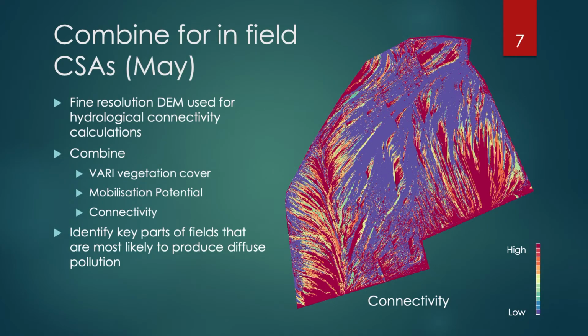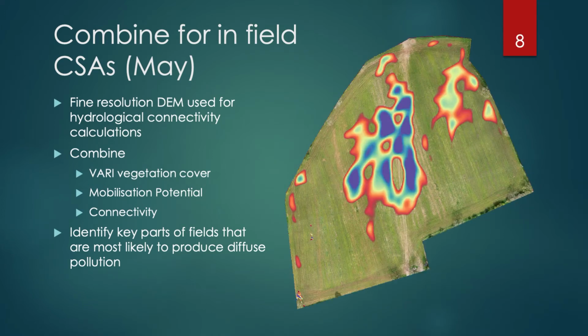Now, as I mentioned, this approach also drops out detailed topographic data, and we can use that information to calculate indices of connectivity across the field. So here, the areas that are in blue in this image have high connectivity, the areas in red have low connectivity, and we can combine that with those mobilisation risks to work out the hotspots across the catchment in terms of where the sediment is likely to be originating from for this particular field, and hence where we may want to change or be more careful in our management.